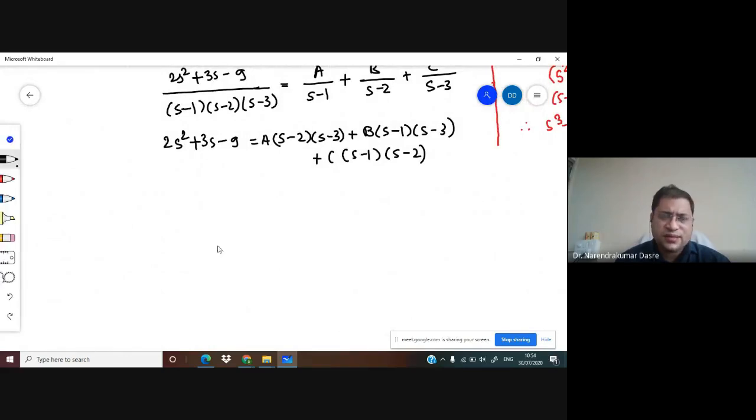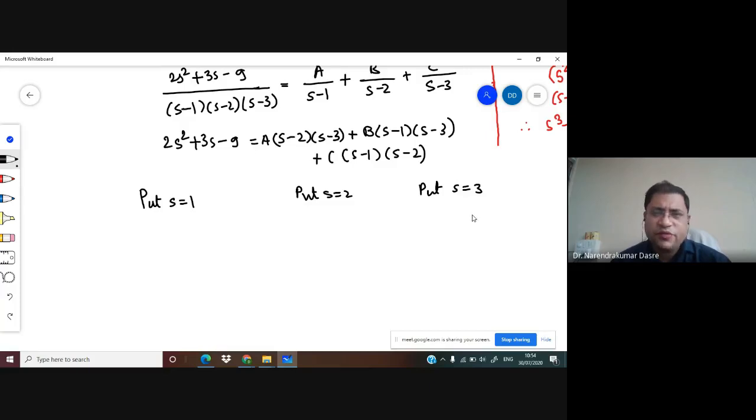Now to solve this, if I want the value of A, then I have to make its denominator equal to 0. This is the simple method to get the values of these constants. So if I want to get the value of A, I'll put s is equal to 1. Then for B, I'll put s is equal to 2, and for C, I'll put s is equal to 3.